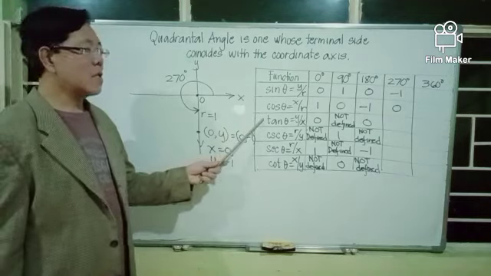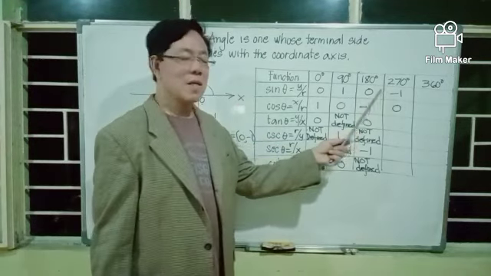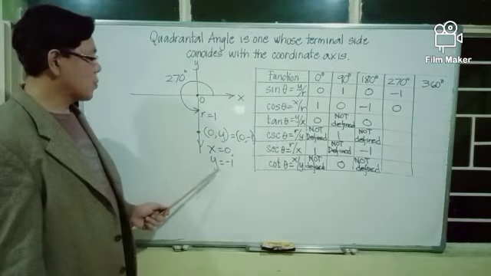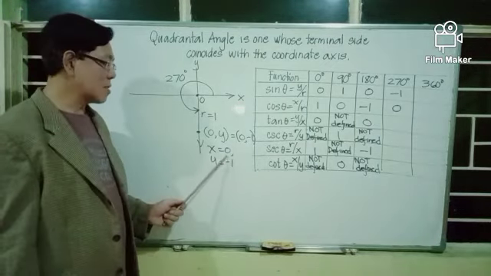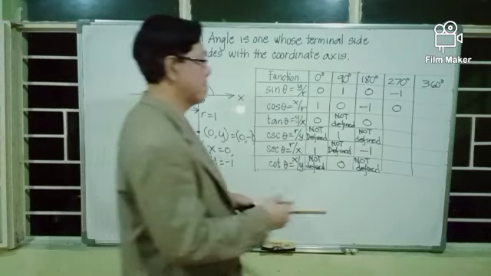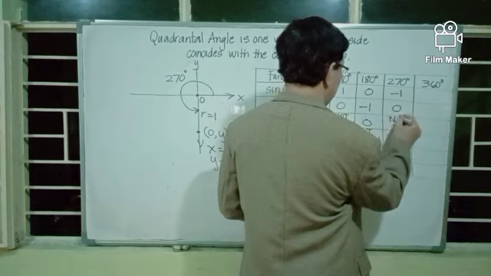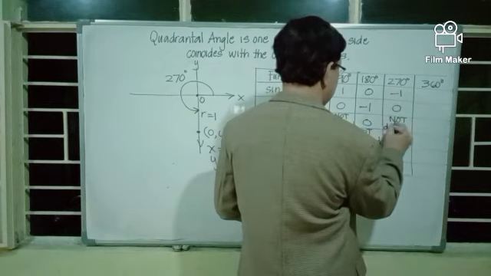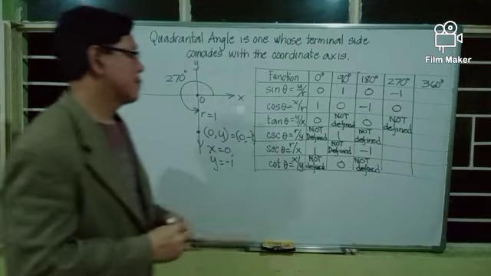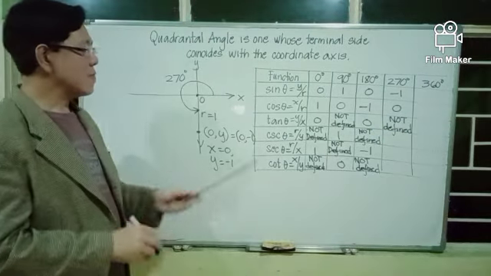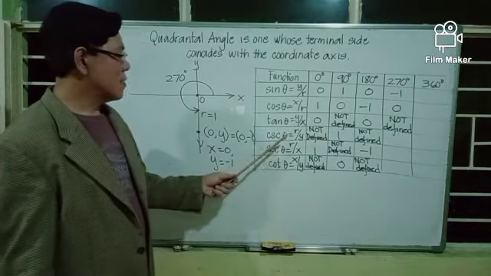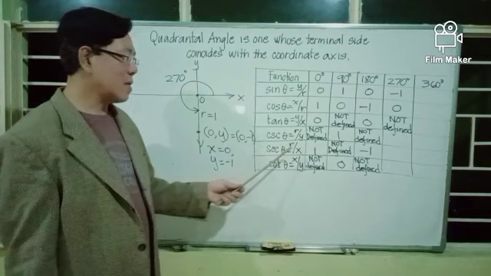Now, tangent of 270 degrees is y over x. At this point, y is negative 1, x is 0. Negative 1 divided by 0 is not defined. Next, we find cosecant of 270 degrees, defined as r over y.